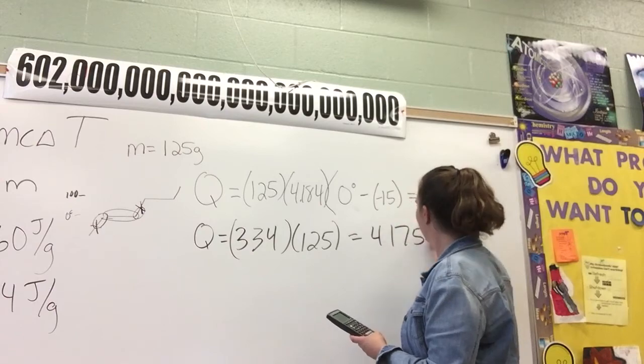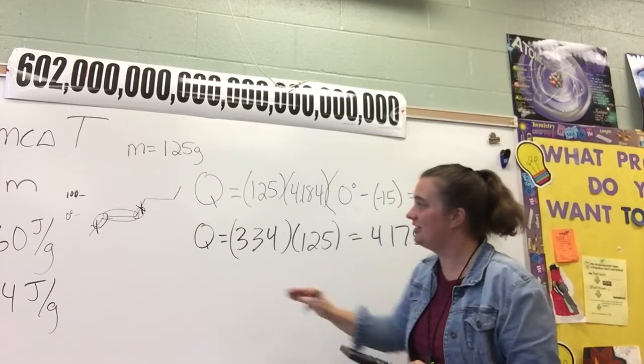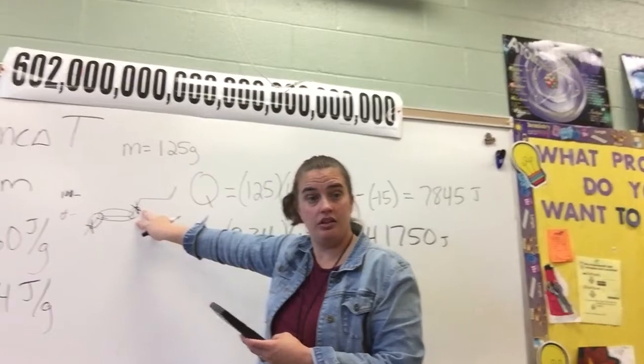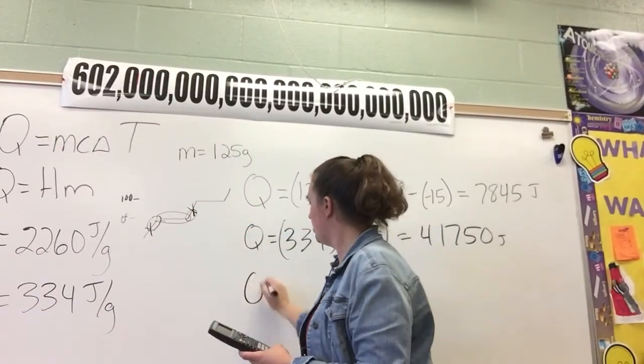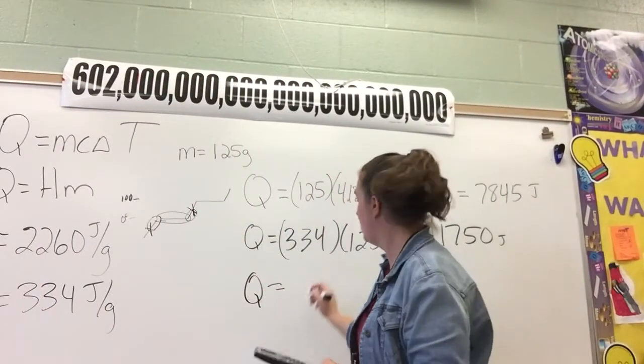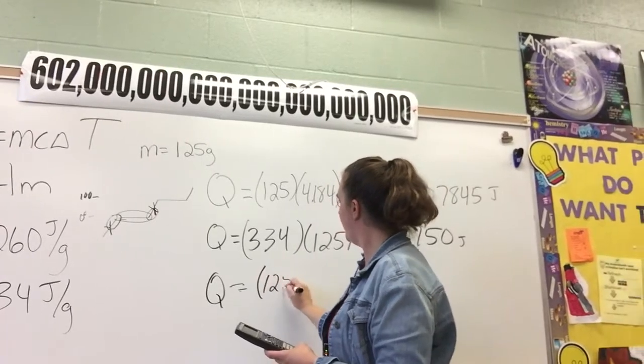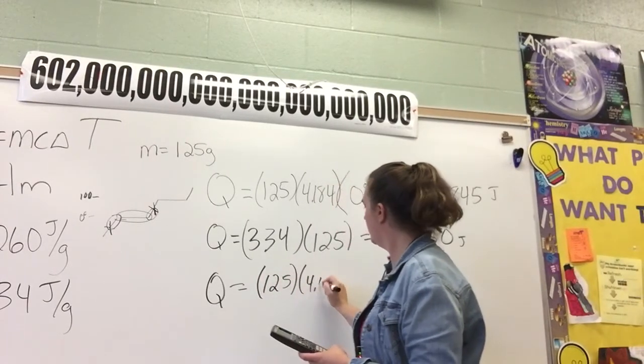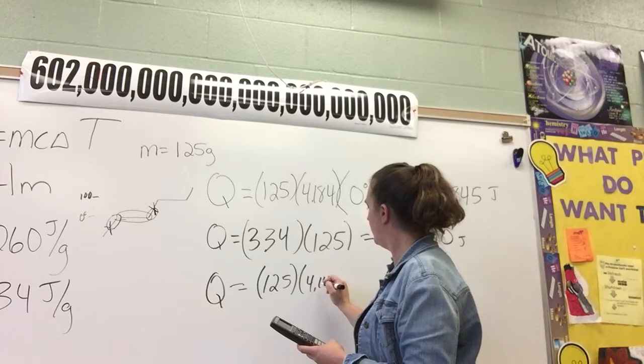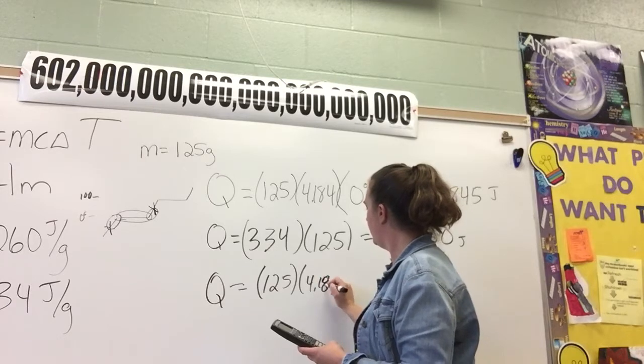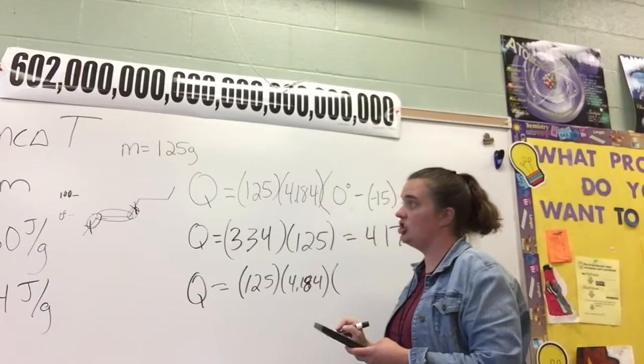But I'm still not done yet, because I still need to go this little bit on this change. So I'm going to go Q. I now have a change in temperature again. 125 times 4.184 times my change in temperature.